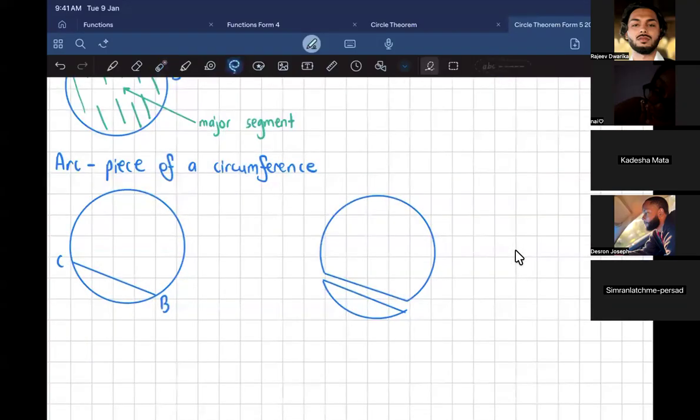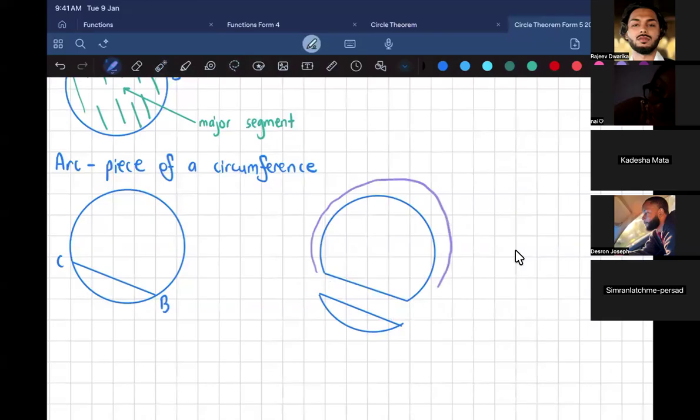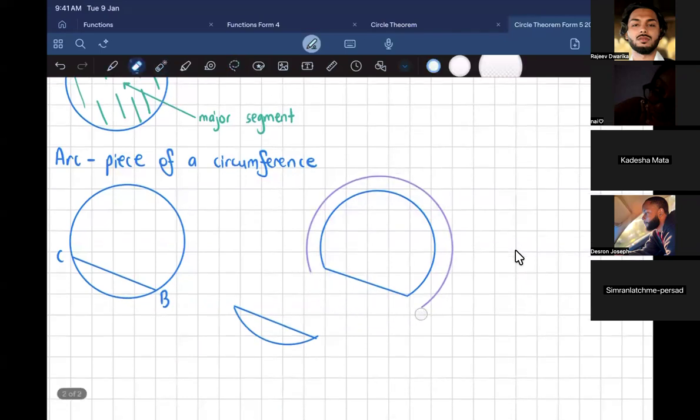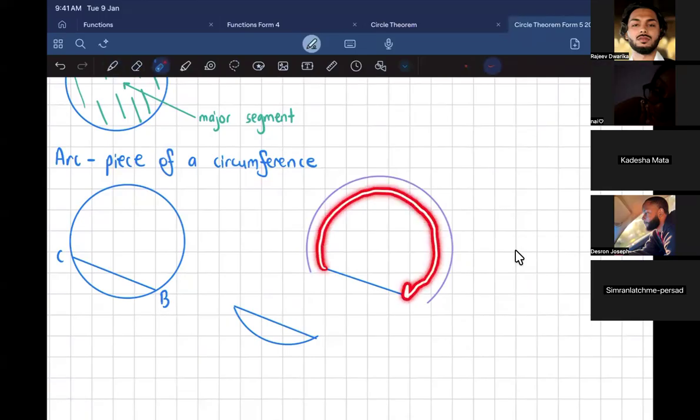So let me show you what's going to happen. You see this thing over here? That's such a bad diagram. Let me just draw this properly here. Give me a second. All right. So, Simran, you see that piece of the circumference in there?